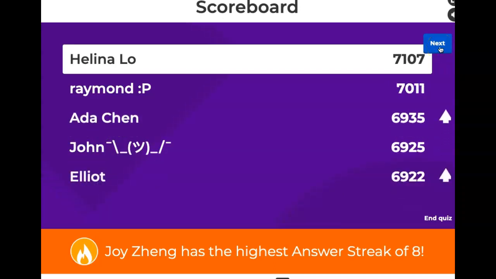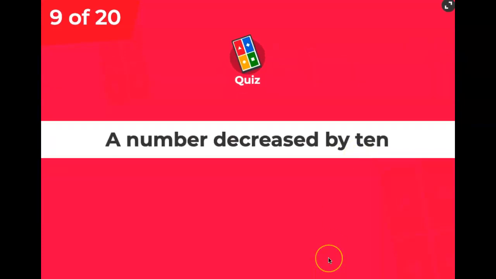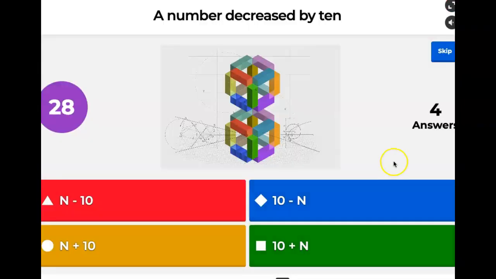Raymond is running right there. Question number 9. A number decreased by 10. Everybody should get this correct. A number decreased by 10.